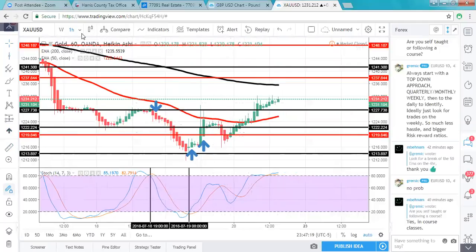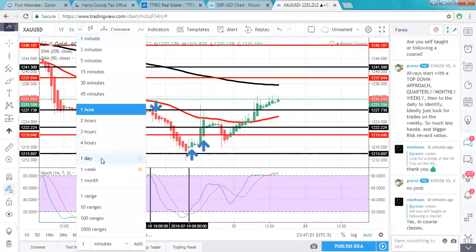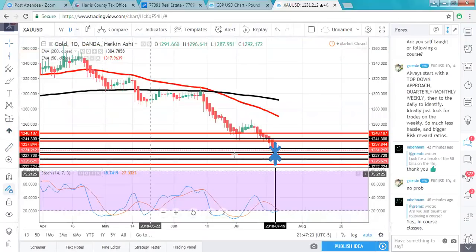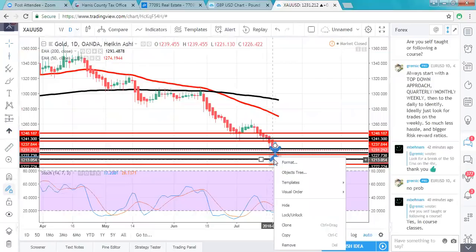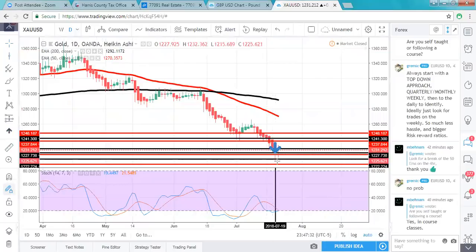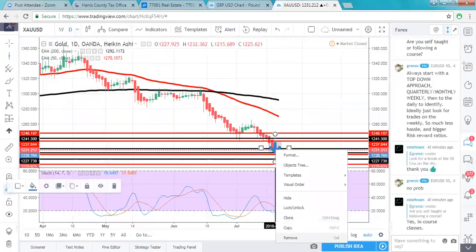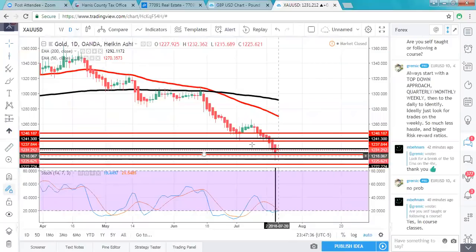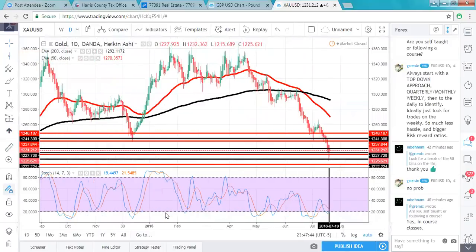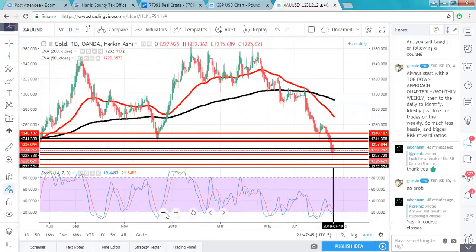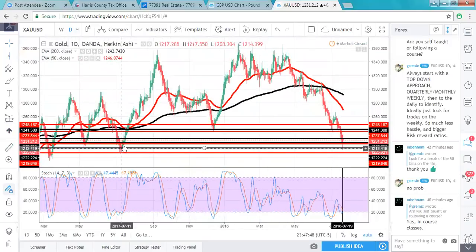But again, let's see. If you go to this day chart, and we go back and look in the past, we can see that this is a strong zone here.